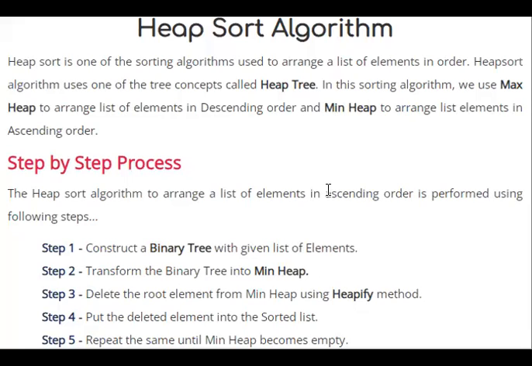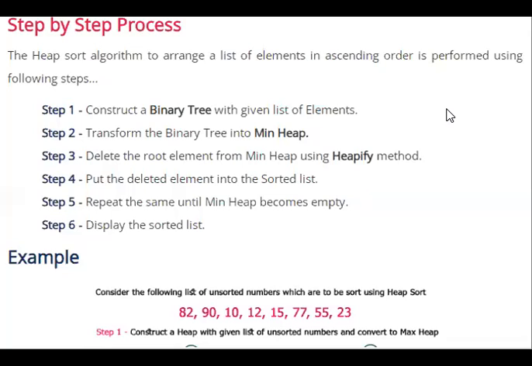So first we follow the steps to arrange the list of elements in ascending order. Here we construct a binary tree with a given list of elements. There are two possible ways to arrange the list, in descending order or ascending order.